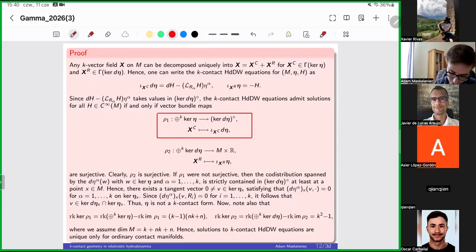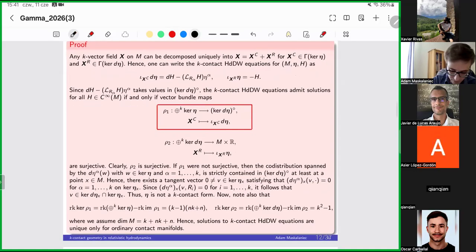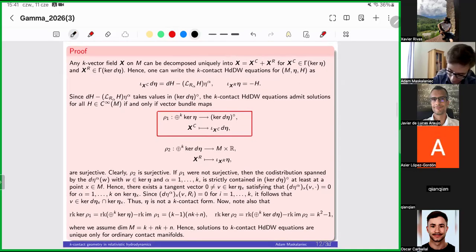Since when we evaluate d eta on the Reeb vector fields that already span the Reeb distribution, we get 0, then it follows that this v is both in the kernel of d eta and the kernel of eta, and then it is a contradiction with the definition of the k-contact form. Okay, so therefore we proved that our map rho 1 is surjective.